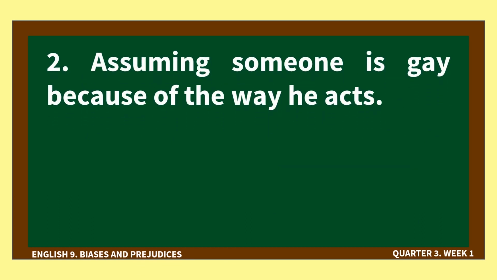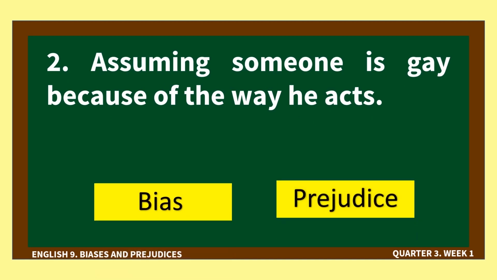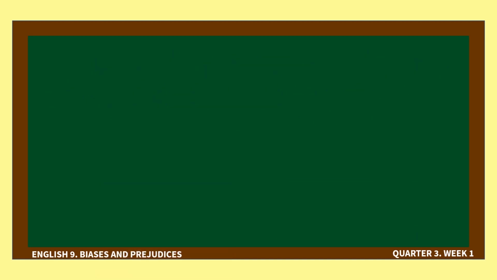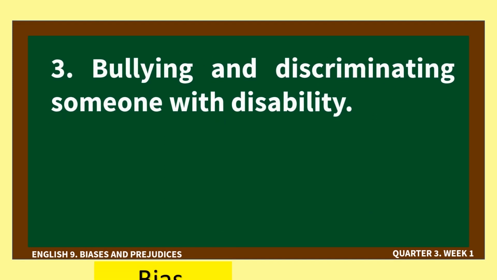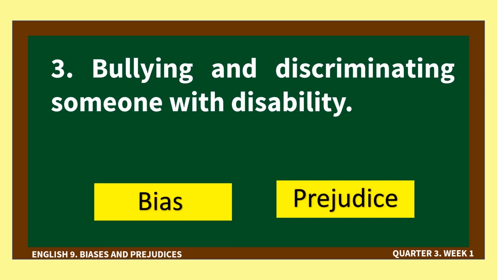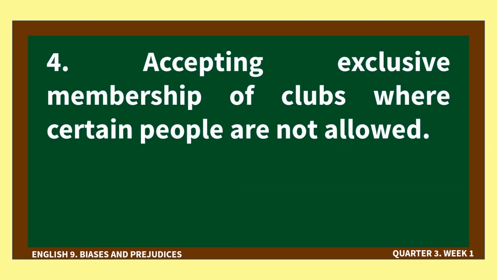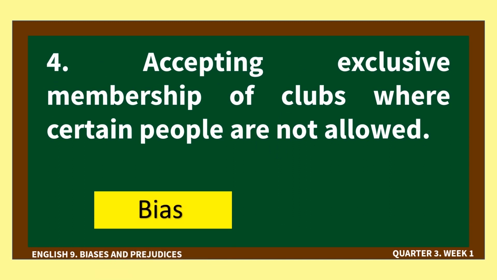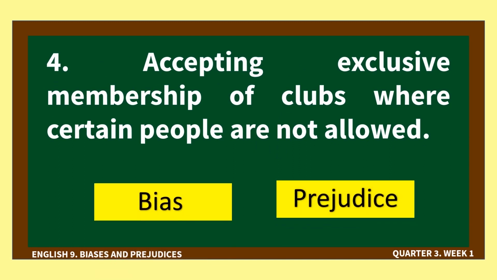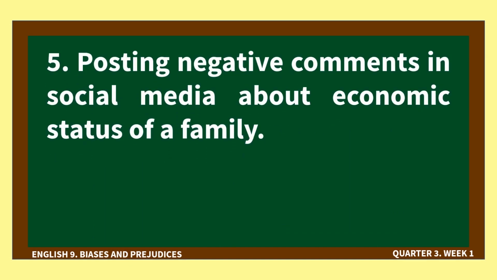Assuming someone is gay because of the way he acts. Number 3. Bullying and discriminating someone with disability. Number 4. Accepting exclusive membership of clubs where certain people are not allowed. And number 5. Posting negative comments in social media about economic status of a family.